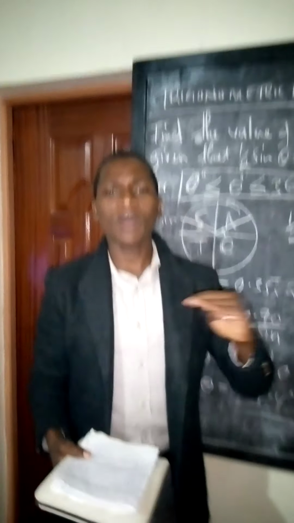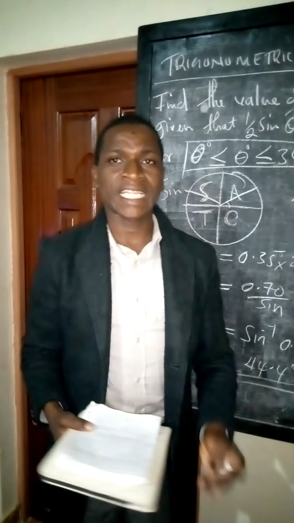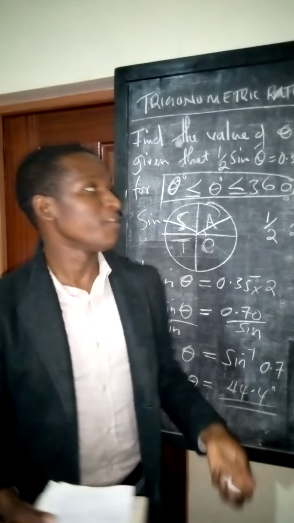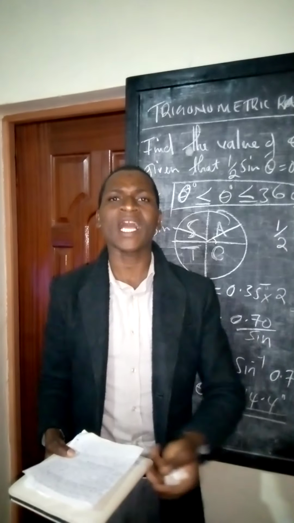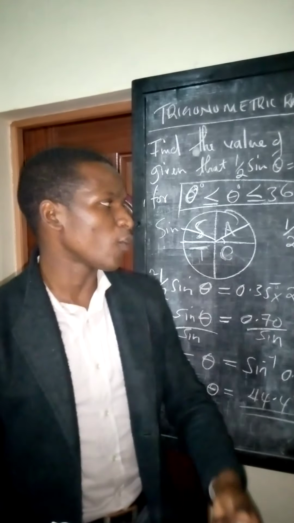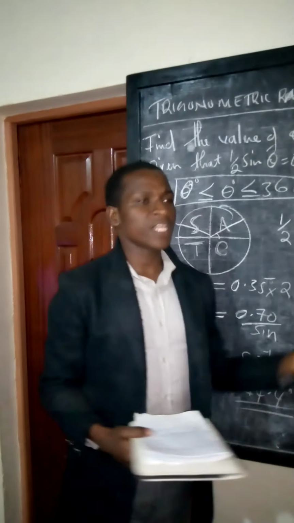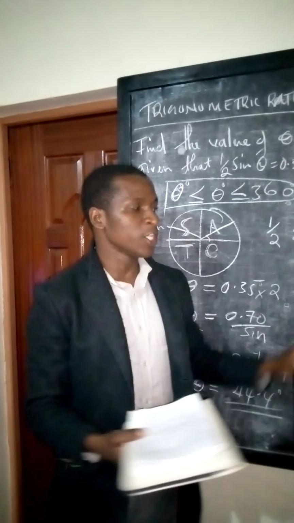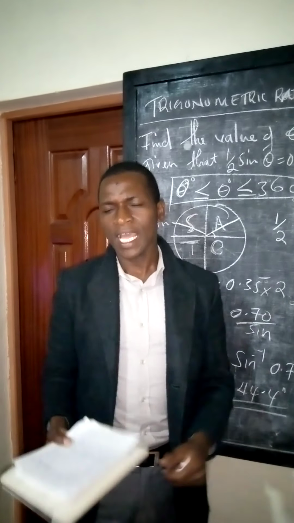So if you have any problem on the equation of a straight line, indices, trigonometry, or any other topic in mathematics from Form 1 to Form 4, we have 65 topics. Just raise your question, raise your concern, and we help one another, because we said this is an ecosystem, and we need to help one another, especially at this period.